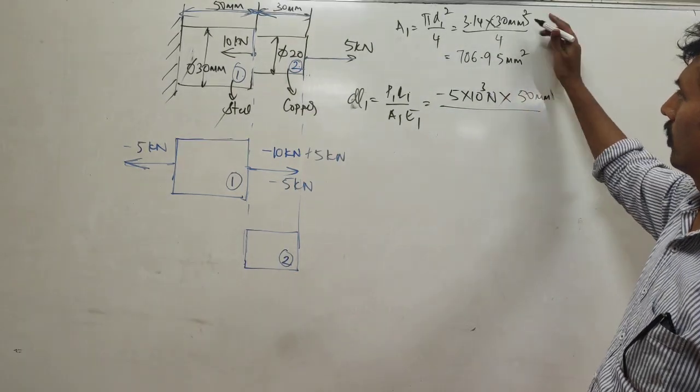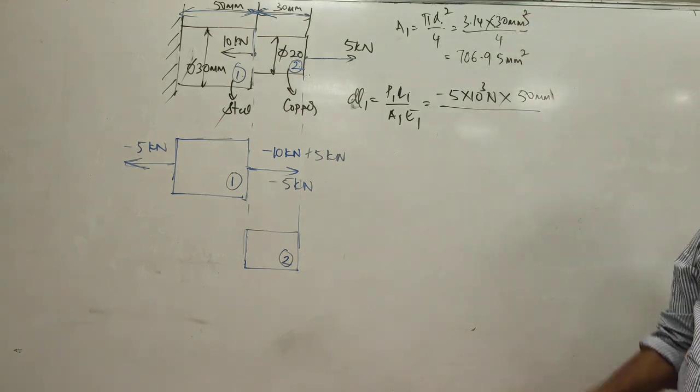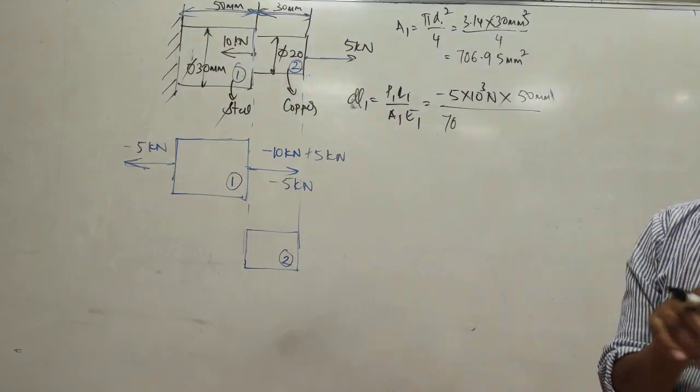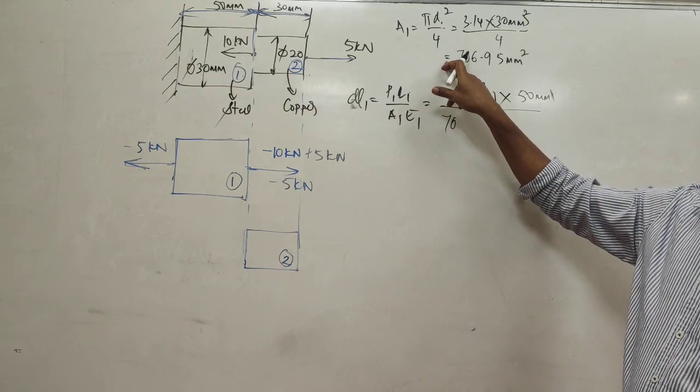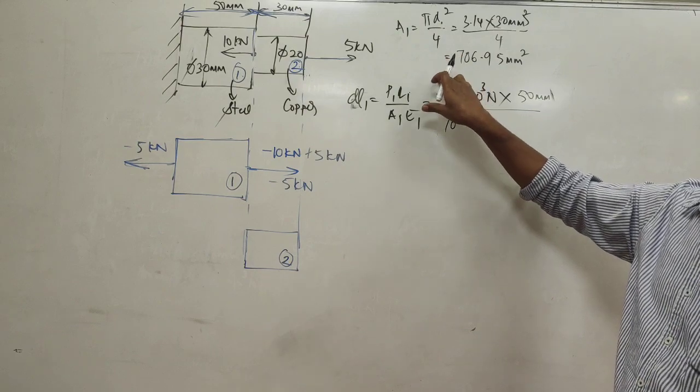Here d square is in mm square. Why am I doing this? If the area is written separately, people may go wrong, so at least if the area is right you get one mark.